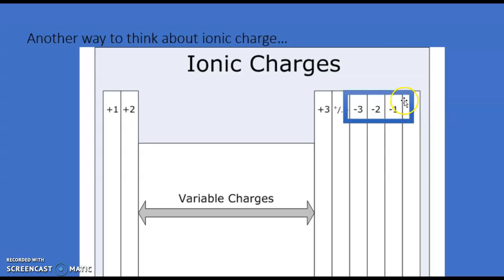And in group 17, they all have 7 valence electrons, and they need 1 negative charge, or 1 electron, to be complete. So with the metals, you just look at their group numbers, and it's a plus whatever their group number is. That's how many they're going to lose. But when you get to the nonmetals, then you start looking at how many they need to gain to be complete, and that is their charge number.